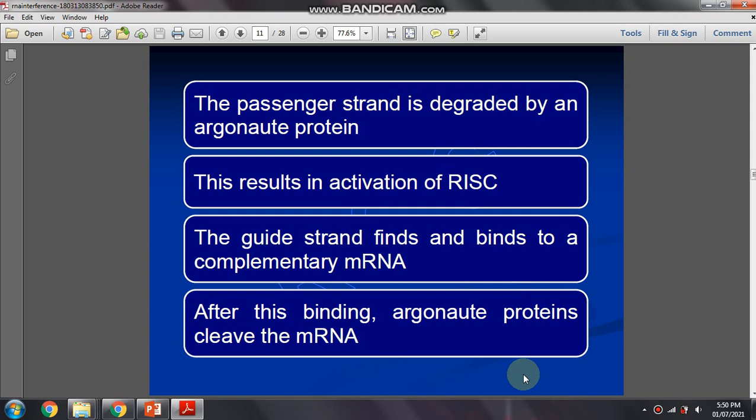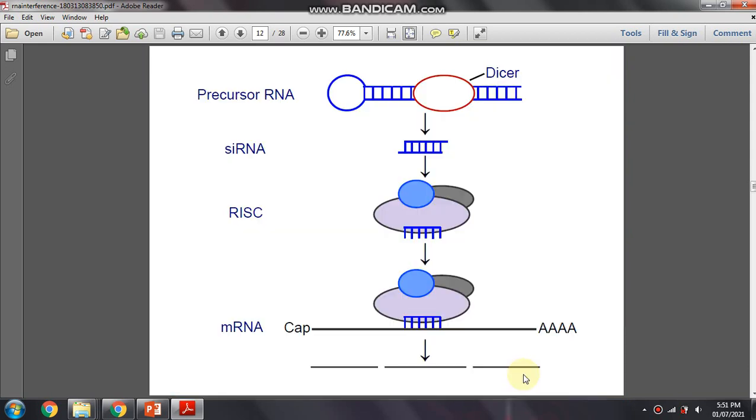This results in activation of RISC. The guide strand binds to a complementary mRNA. Now when it binds to the mRNA, the argonaute protein cleaves that mRNA.